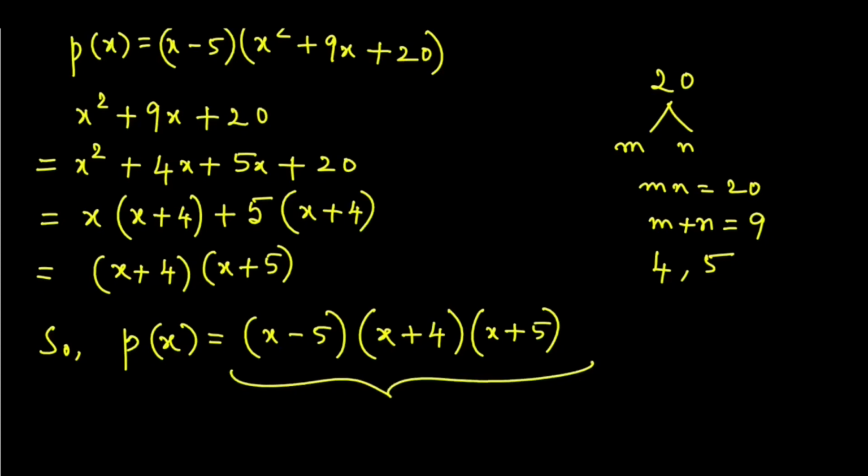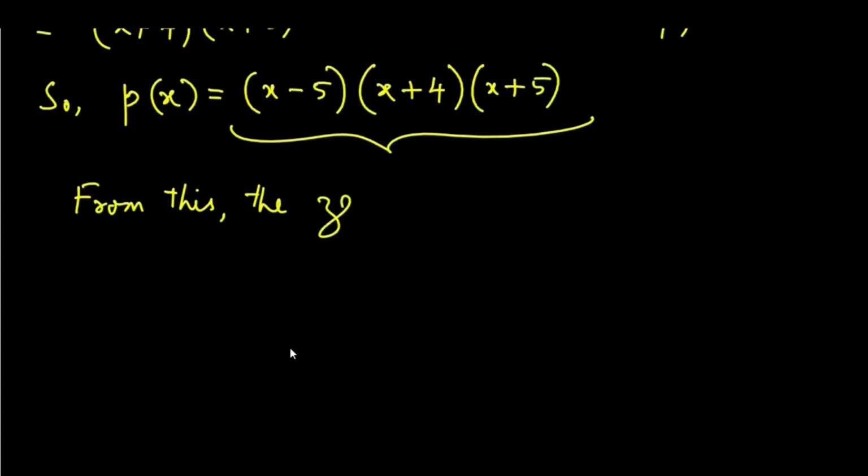So from this, the zeros are alpha is equal to 5, beta is equal to minus 4, gamma is equal to minus 5. These are the zeros of this cubic polynomial. Now let us check the relationship.